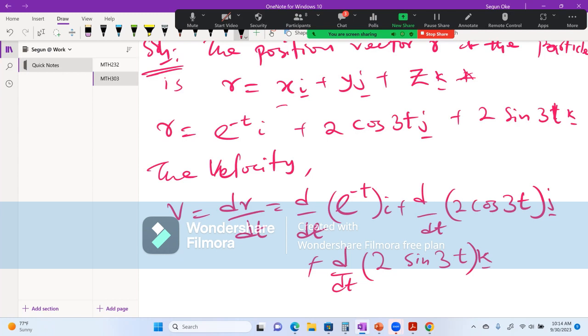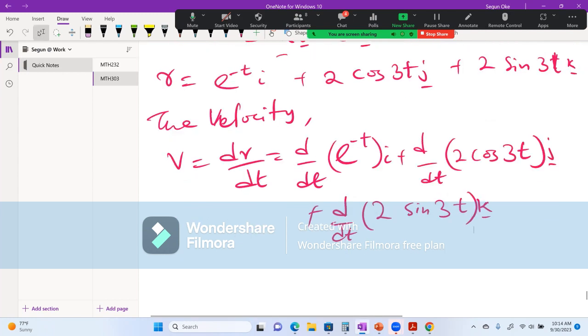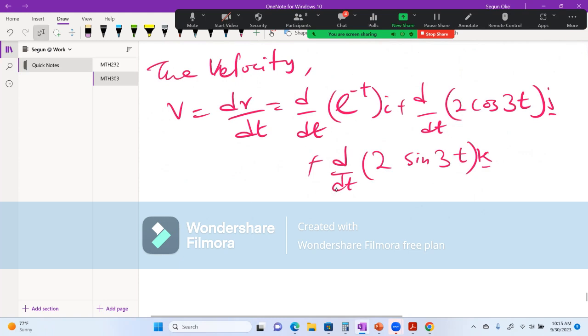So this is just simple physics: the differentiation of the position you are given will be your velocity. So let's look at this. When you differentiate e to the minus t, what do you have?